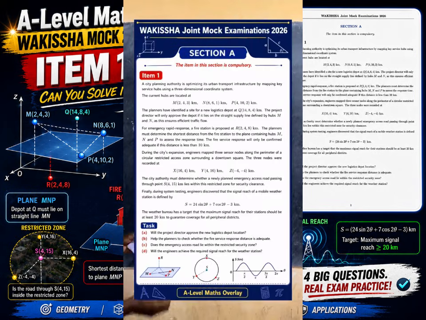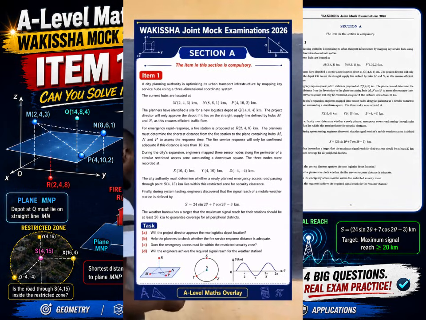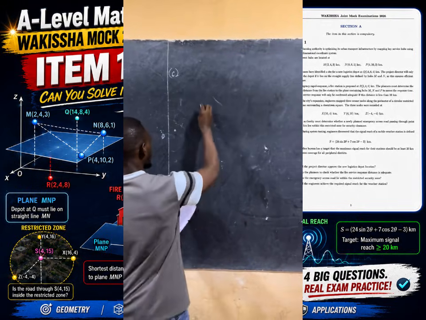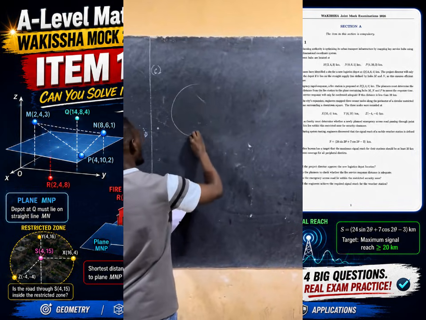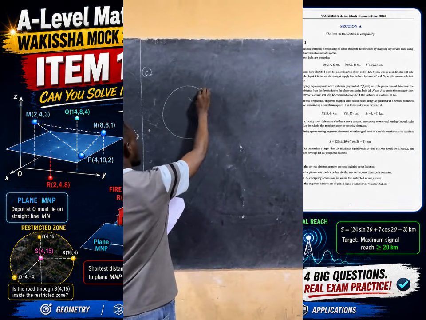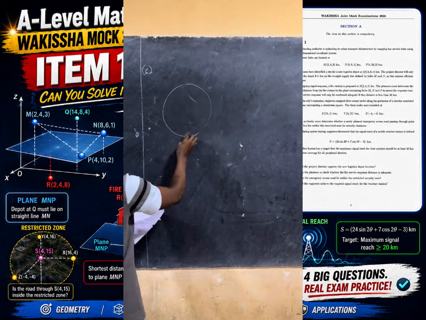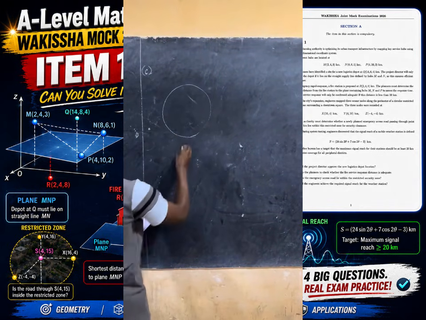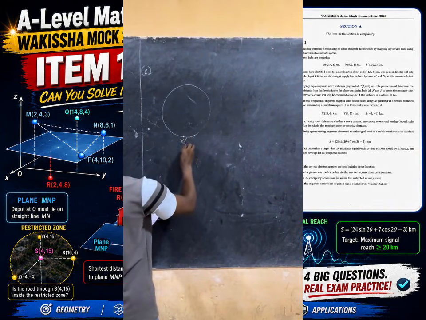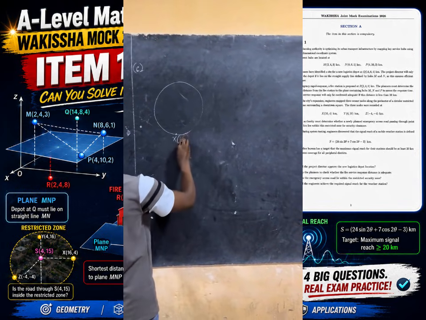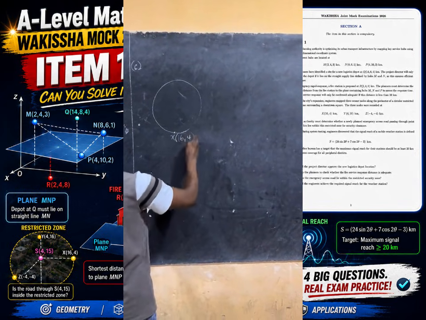During the city's expansion, INGNI has mapped 3 sensor nodes along the perimeter of a circular restricted access zone surrounding a downtown square. The 3 nodes were recorded at X. So we have a circular node. I can indicate it there for part C. One of them is located at X, and X is 16, 4.